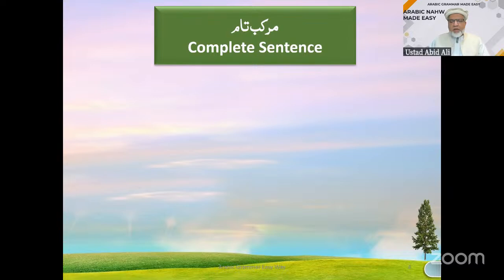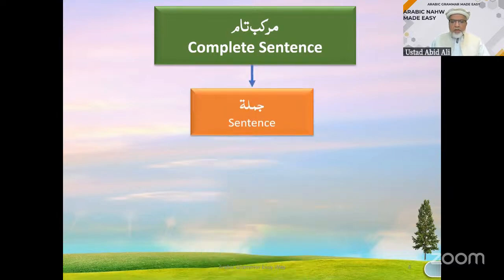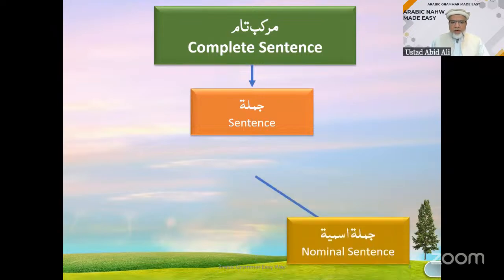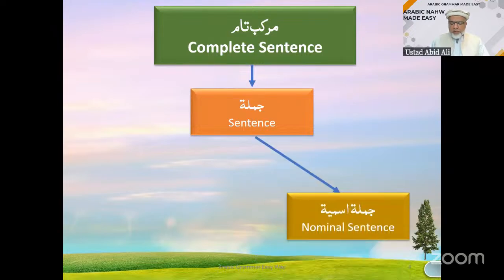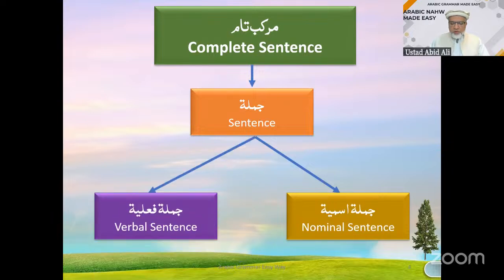Murakkab nakis are the incomplete phrases or fragments, and murakkab tam is a complete sentence. Another name for murakkab tam is jumla. And how many types of jumlas do we have? Jumlatul ismiya and jumlatul failiya. The English name for jumlatul ismiya is nominal sentence, and jumlatul failiya is the verbal sentence.